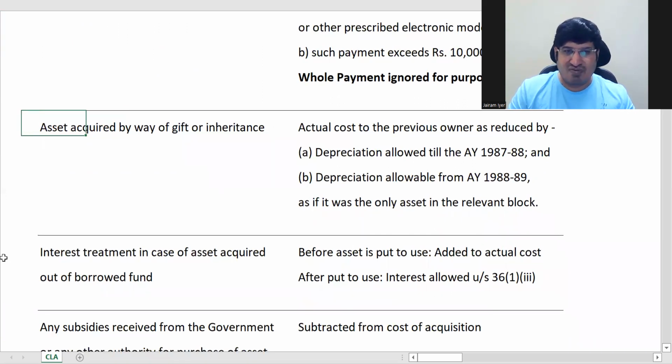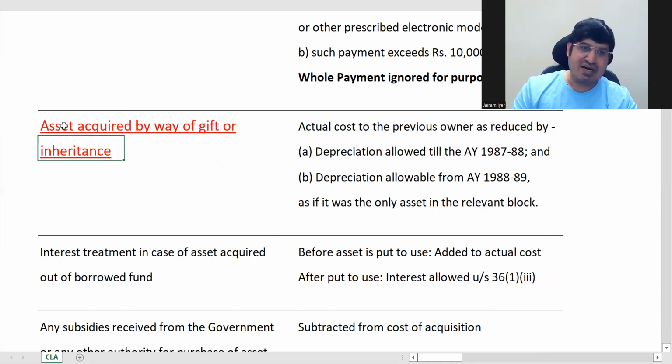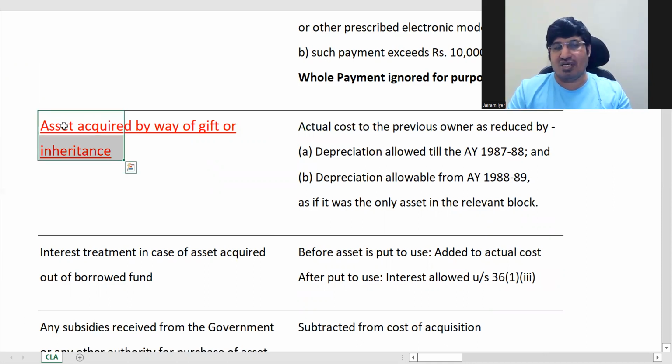Second is asset acquired by way of gift or inheritance. If you have acquired any asset by way of gift or inheritance, that means you have inherited it, that is, you've got it from your dad or any of your ancestors. So what is your actual cost?